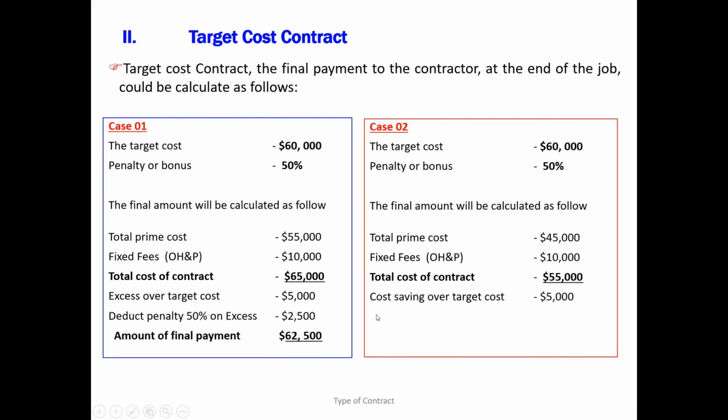Yes. So the cost saving that happened is 5,000. So you are going to apply the 50% bonus. So the final amount will be 57,500, because he completed lesser than the target and he's getting 2,500 as a bonus.